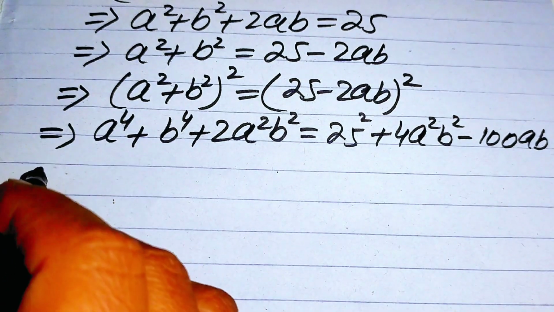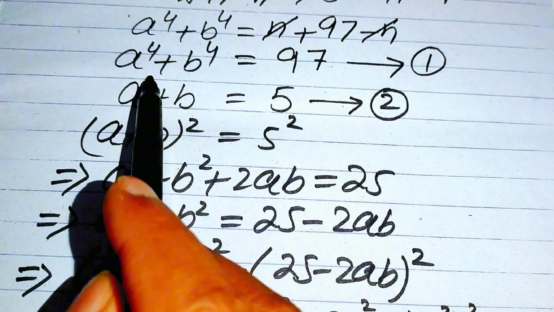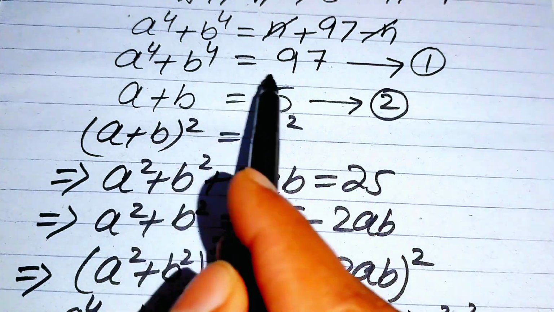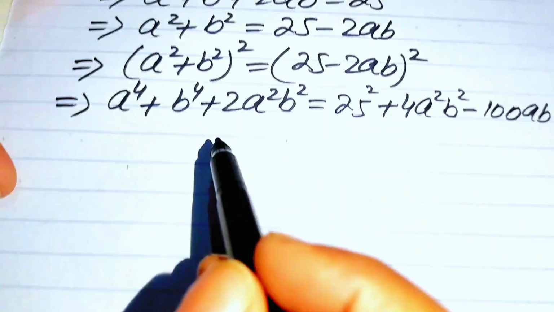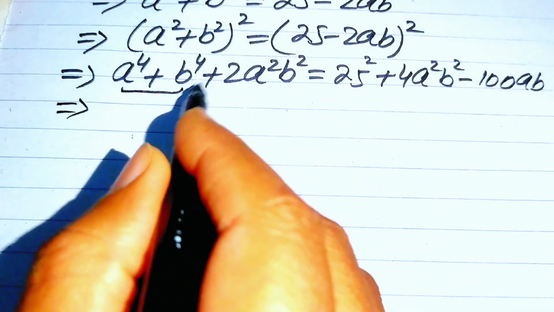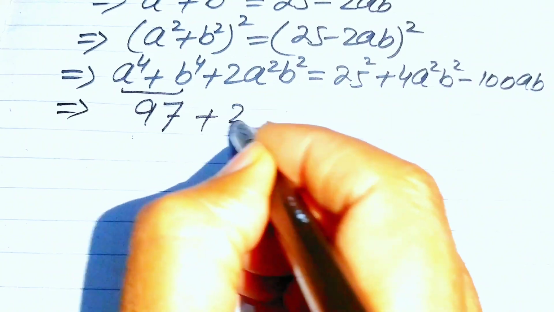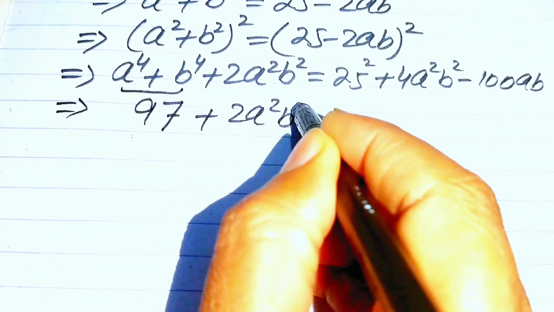Now we can simplify the terms. From equation number 1, we have a to the power of 4 plus b to the power of 4 equals 97. So we use equation number 1 here, and this term is 97, plus 2 times a square b square.